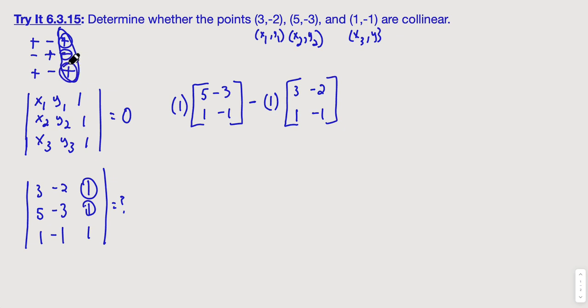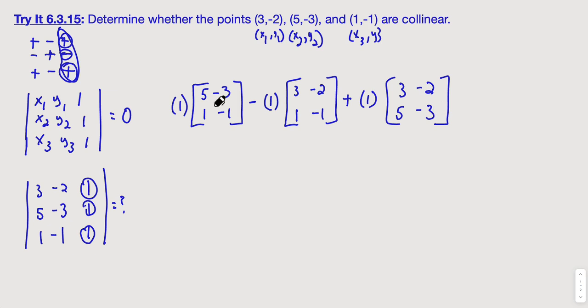Now we're going back to the plus. So this is plus, again, 1 times everything that's not in the same row or column as that last 1. So 3, -2, 5, -3.